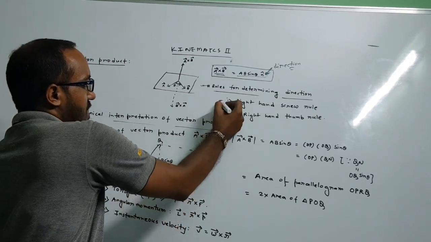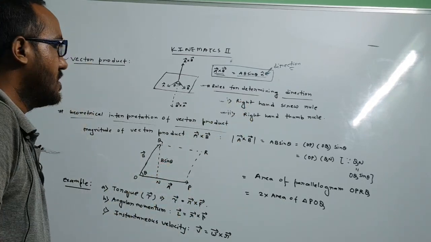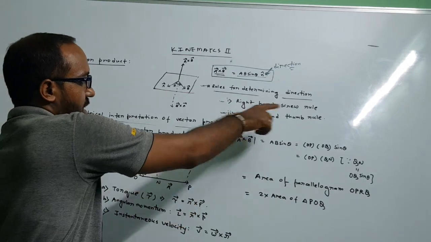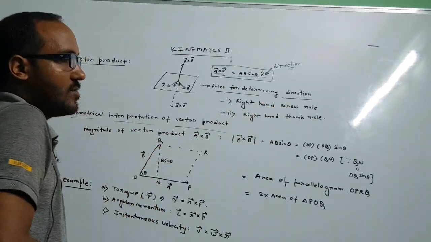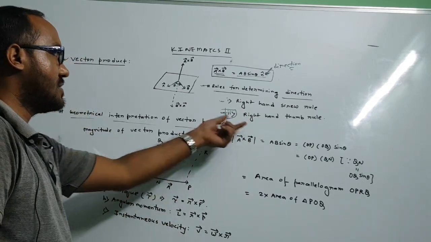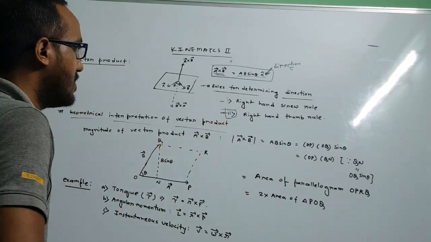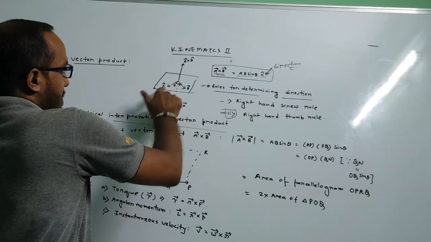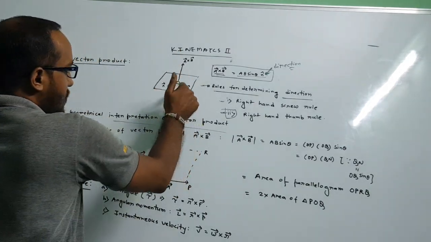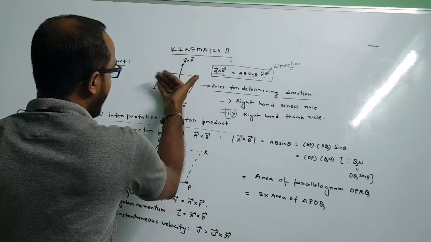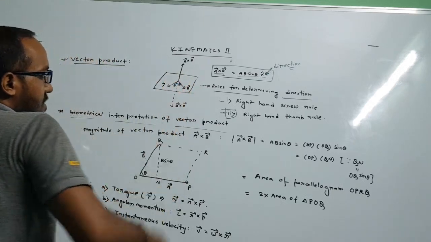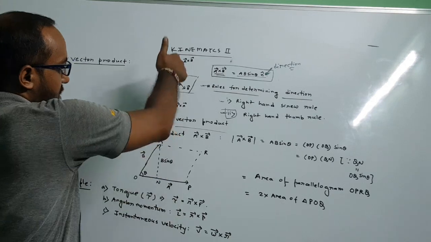By two methods we can find out the direction of A cross B, that is the vector product. One is the right hand screw rule and another is the right hand thumb rule. In the maximum number of cases we will apply the second rule, which is the right hand thumb rule. See, this is your A vector. From A to B you have to curl your finger, then the thumb will represent the direction.